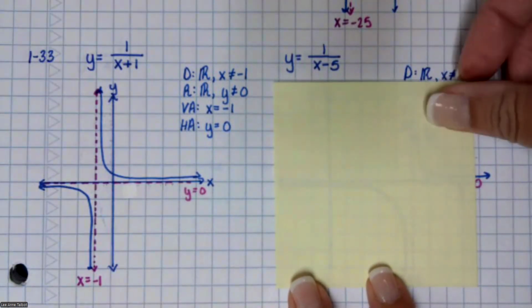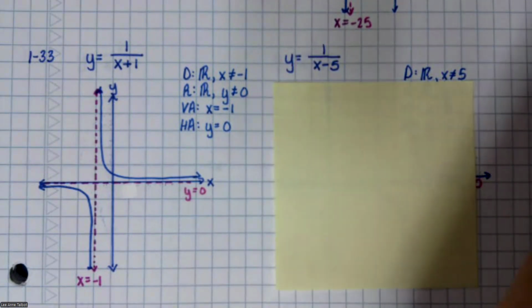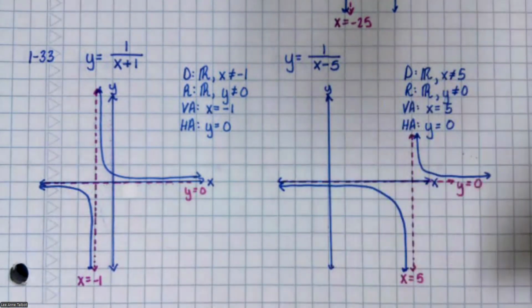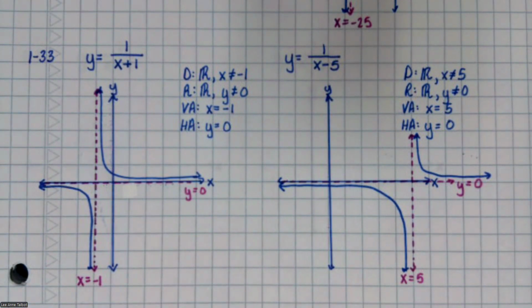Okay, then, at 0, you do the dash line because the horizontal asymptote is y equals 0. Oh, this is important.